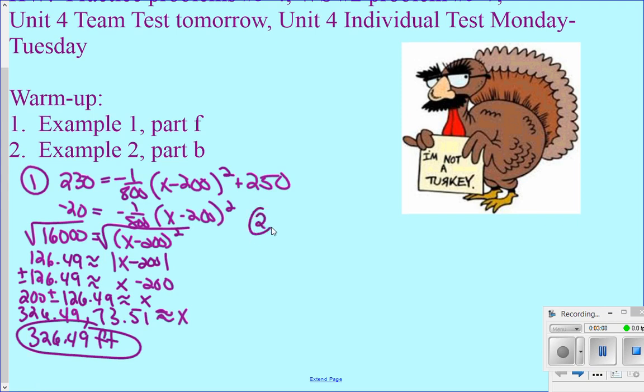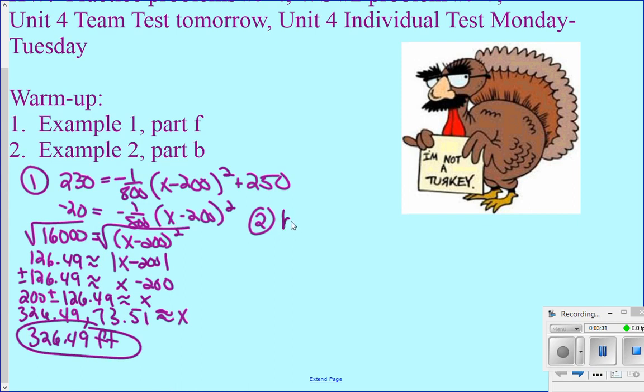Number 2 was talking about the brick oven problem, example number 2, and it was part B. So when we talked about this yesterday, we said that we need to complete the square here because we need to get the equation in vertex form so that we can figure out the price the bakery should charge to maximize profit.